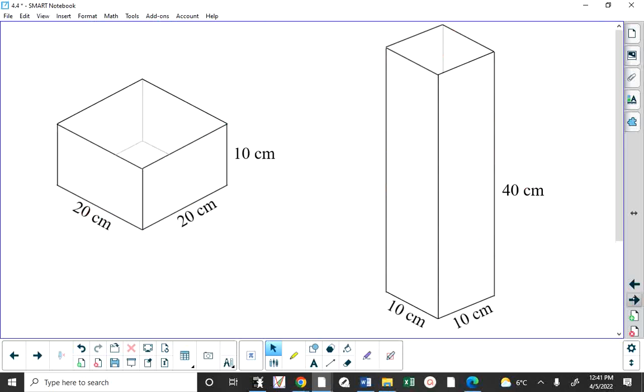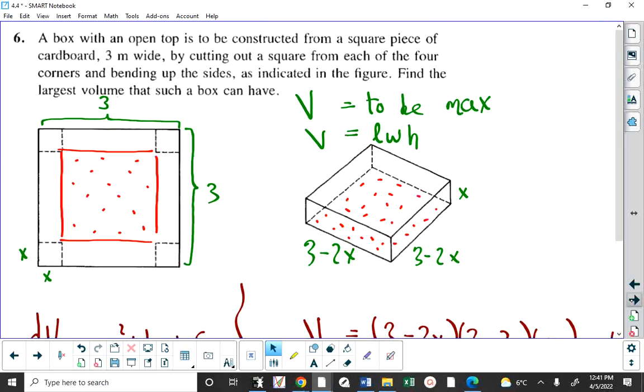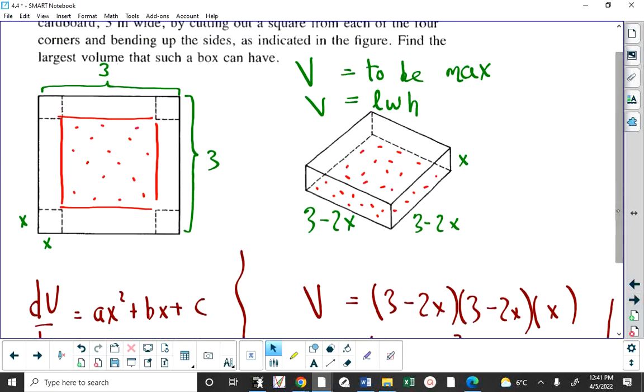Then we did number 6, which is the same basic idea as example 1 or warm-up 1. I don't remember what I called it in the lesson. Except that in the lesson we started off with a piece of material, I don't know whether it was metal or cardboard, it doesn't matter, that was rectangular.